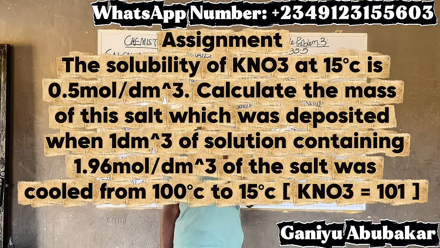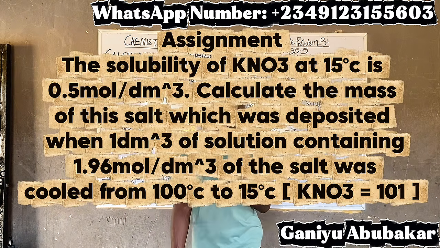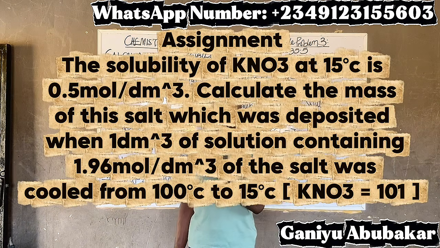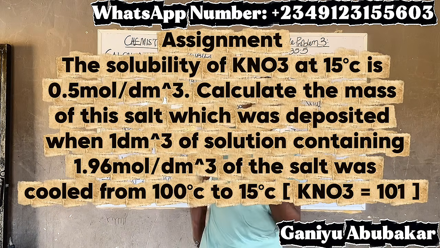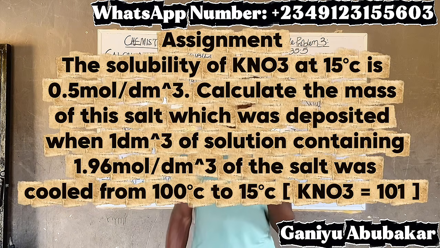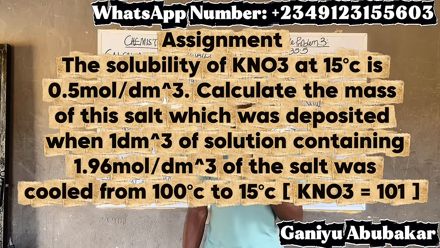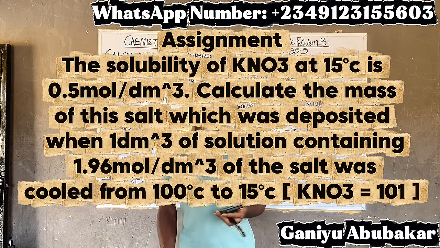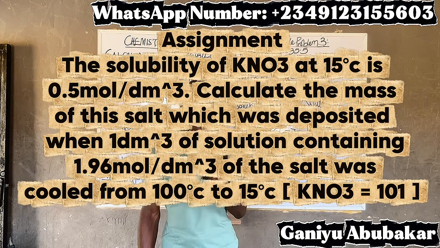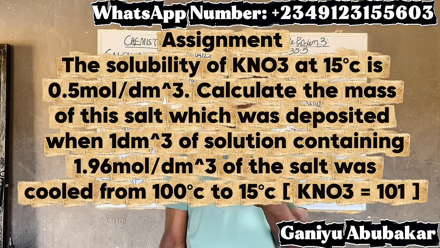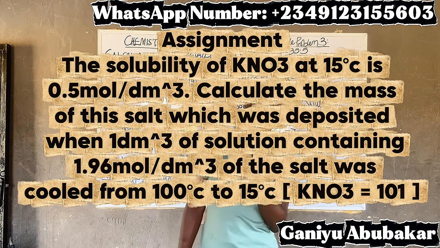Calculate the mass of this salt which will deposit in 1 dm cube of a solution containing 1.96 mole per dm cube of the salt when cooled from 100 degrees Celsius to 15 degrees Celsius. They give you the molar mass of KNO3 as 101. Don't stress yourself calculating again, they have given you 101 already. All right, so answer the question.